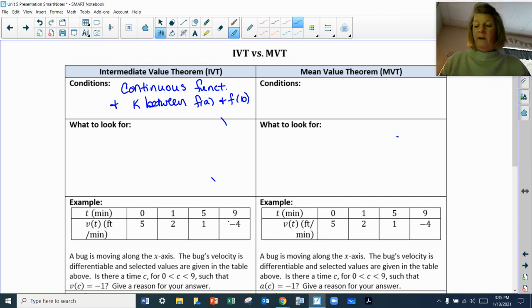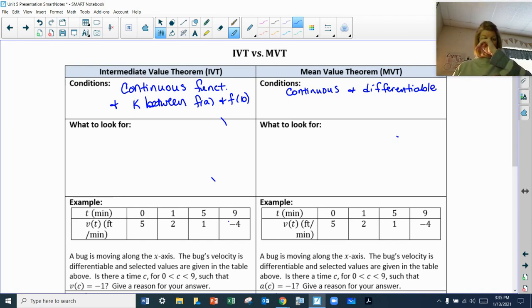Whereas the mean value theorem needs continuity, so I'm going to write continuous and differentiable. It needs both. It's a little bit more difficult to apply the MVT. What to look for?